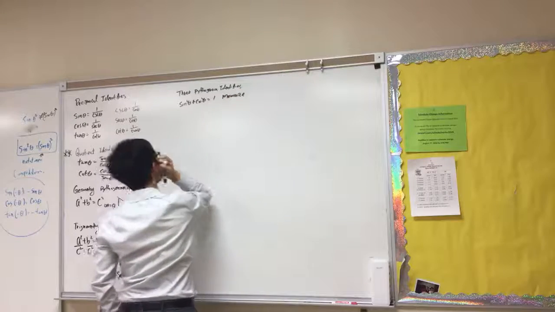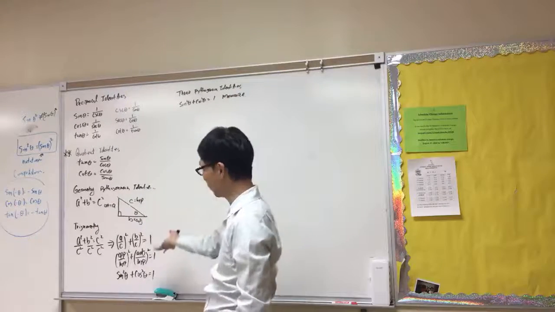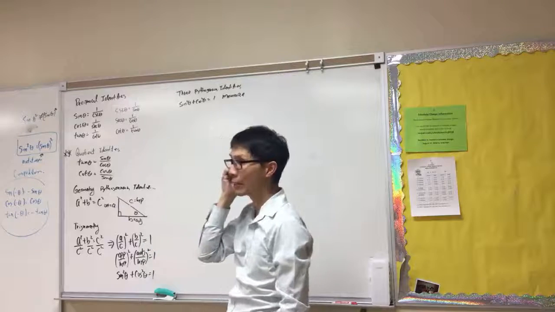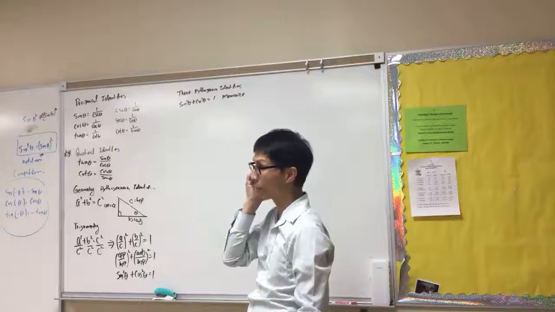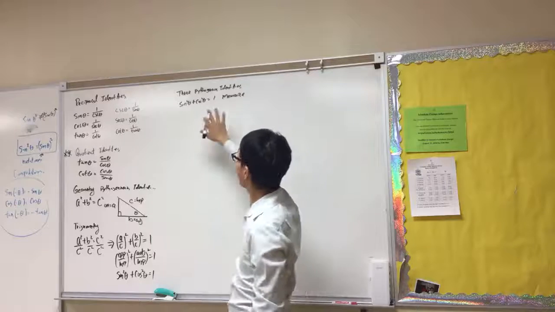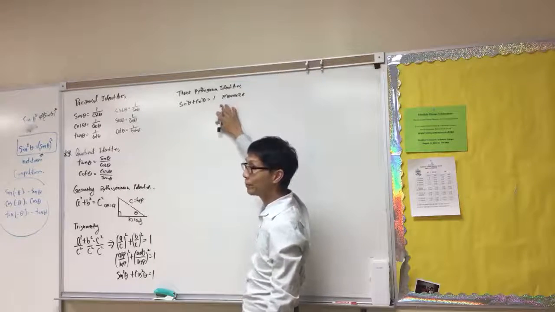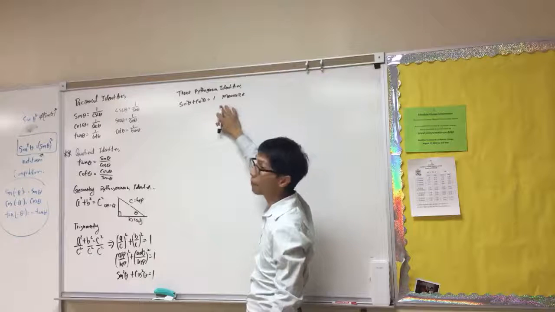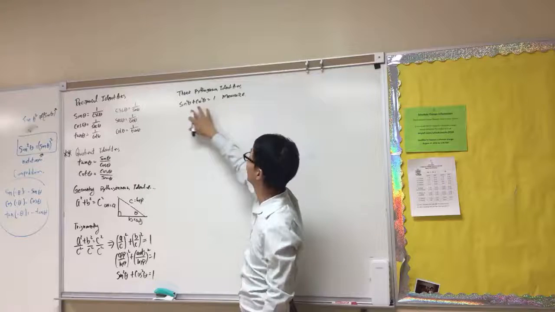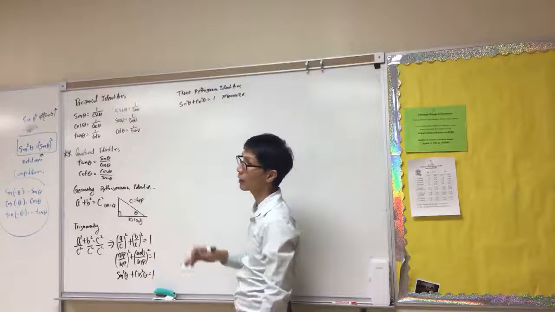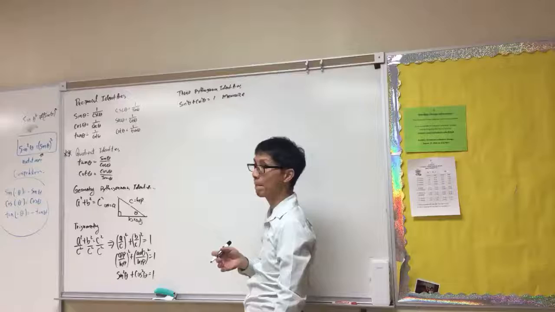Okay, memorize. Or you can prove it. You don't have to prove it to me on the test. You just have to memorize those because it's very helpful. Also understand that I can move the sine square to the other side. That's equal to cosine square theta equal to 1 minus sine square theta. Okay, do you know that? I can move cosine square theta to the other side, and that's still going to be equivalent.